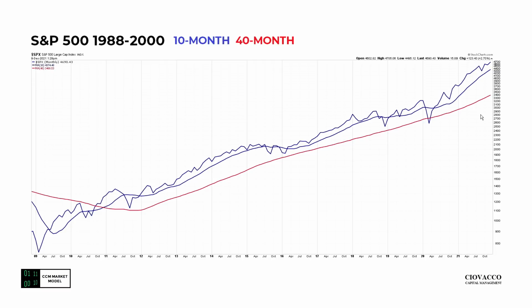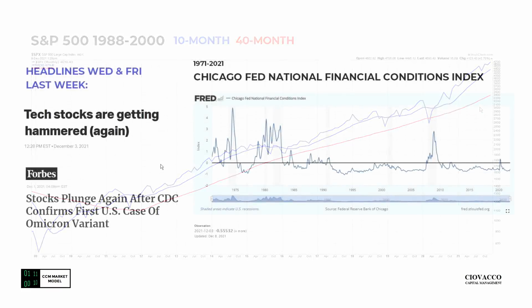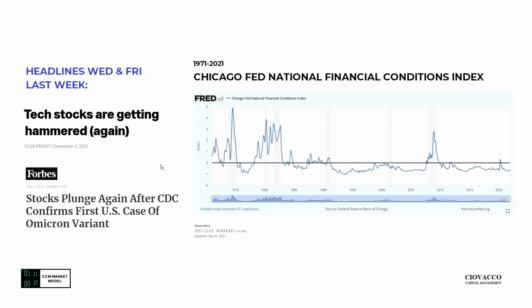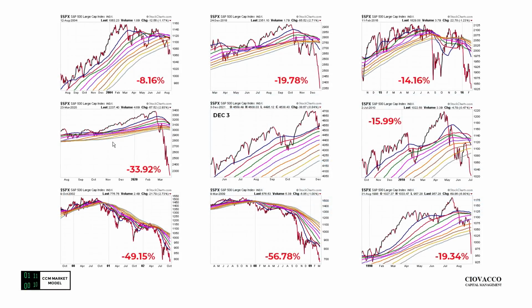On December 9th intraday, we were up 123 points thus far in the month of December, and above an upward sloping 10-month and above an upward sloping 40-month. When your screen has red all over it and you're in big-time give-back mode and you have a headline like stocks plunge on December 1st, December 3rd, tech stocks are getting hammered again, the chart in front of us simply serves as a reference point.